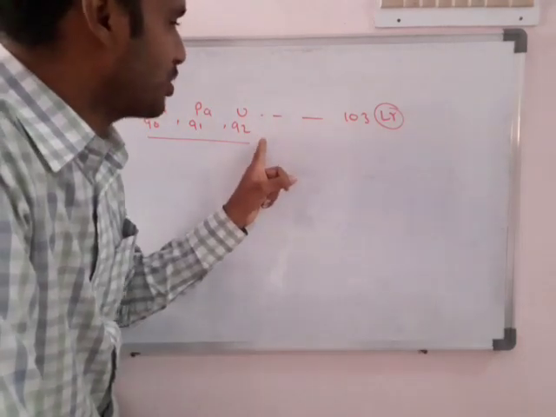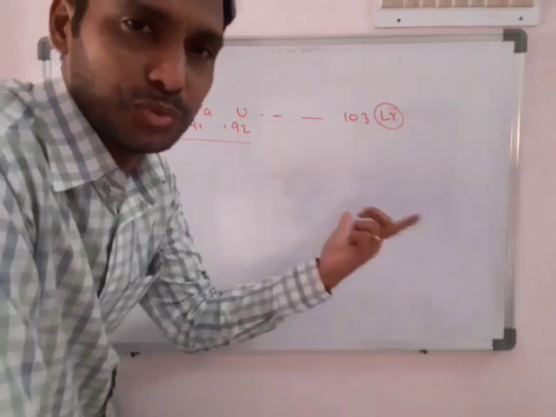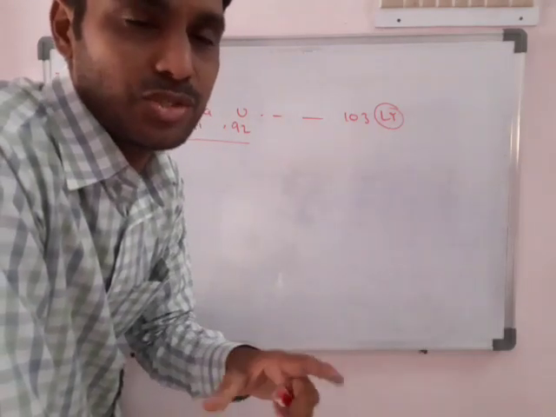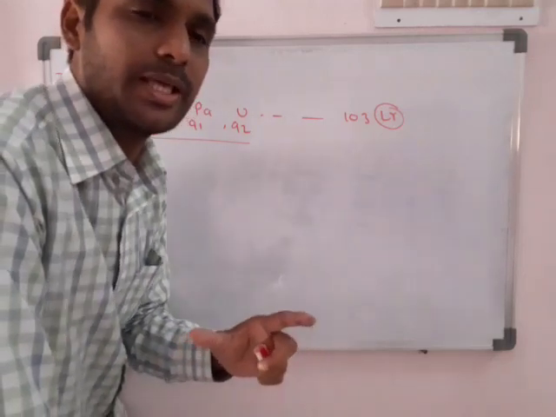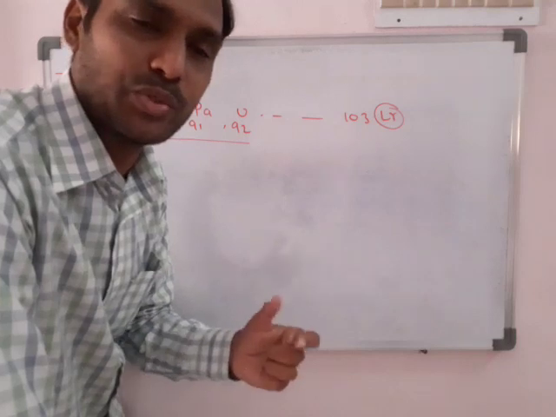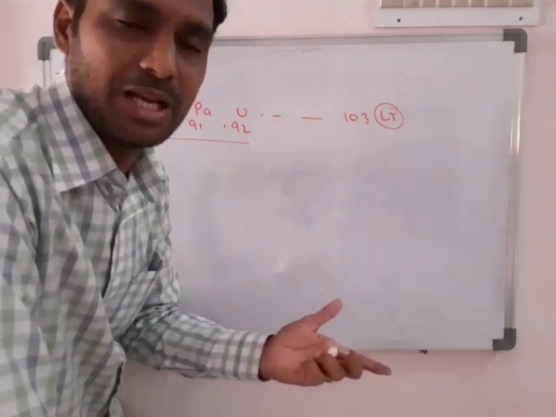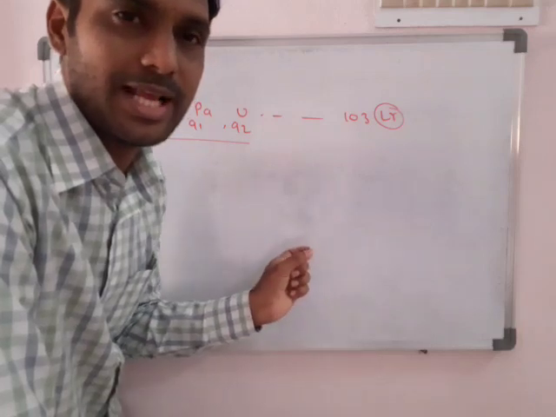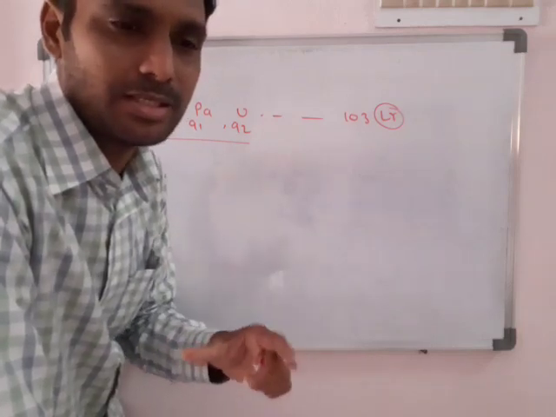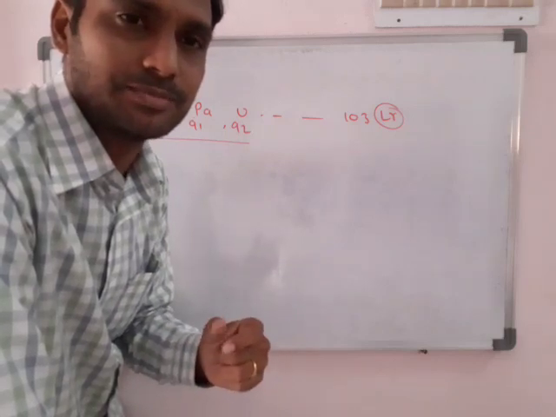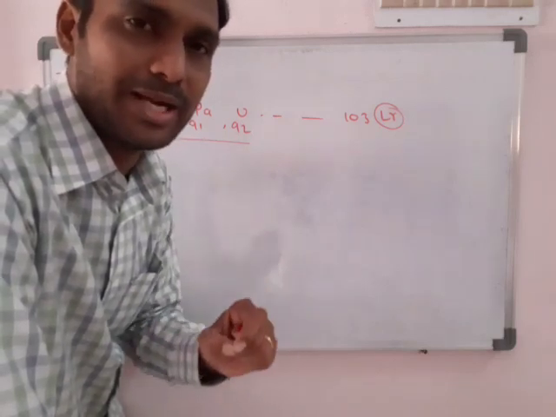So next, the elements after 92 up to 103 are not naturally occurring elements. They are totally made in laboratories by using different compounds with the help of different reactions. They are prepared, meaning they are treated as synthetic elements. Synthetic elements means not naturally occurring elements. They are called man-made elements.